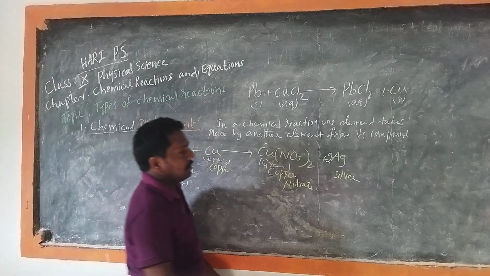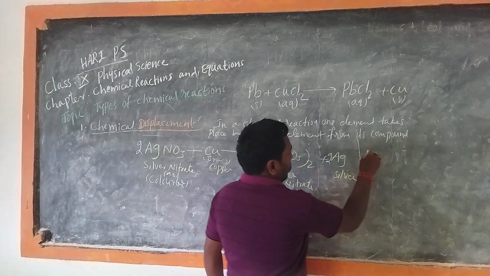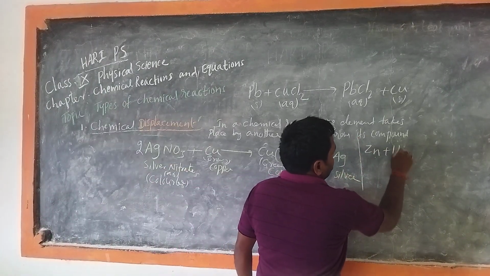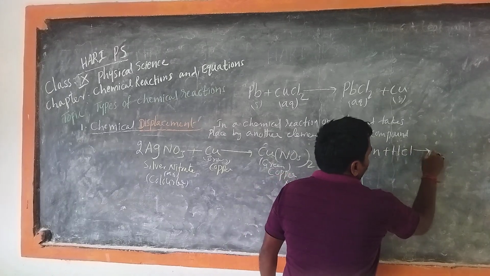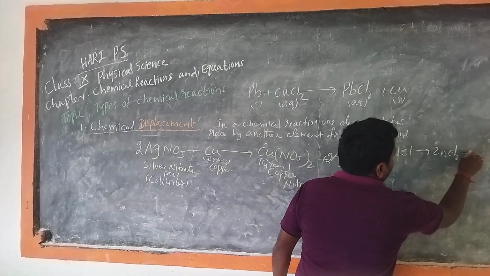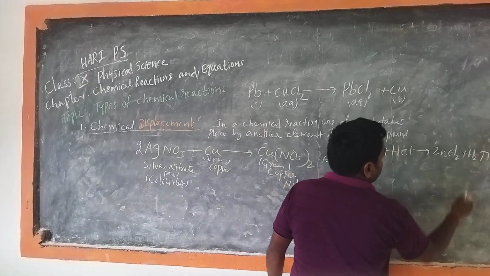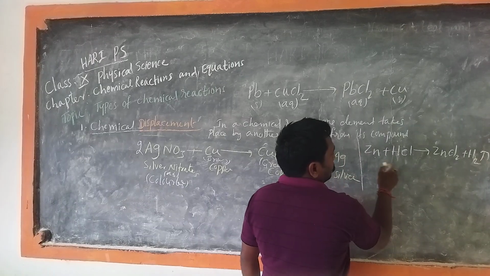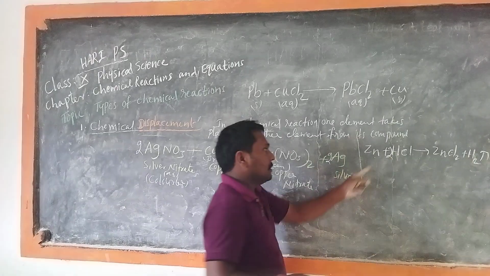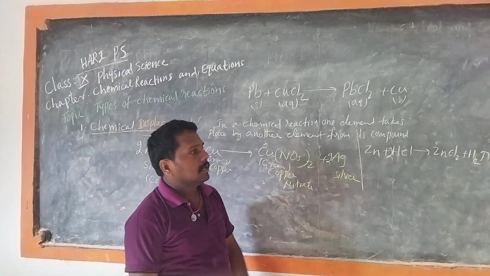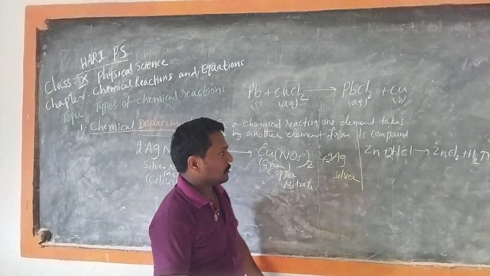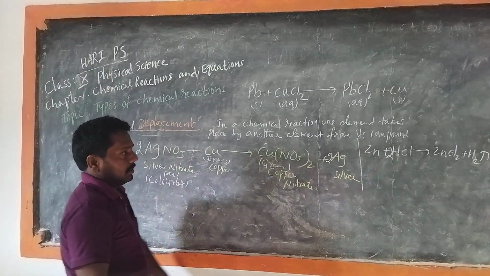And one more example, as we know very well: zinc plus hydrochloric acid gives zinc chloride and hydrogen. This is also an example of a displacement reaction.